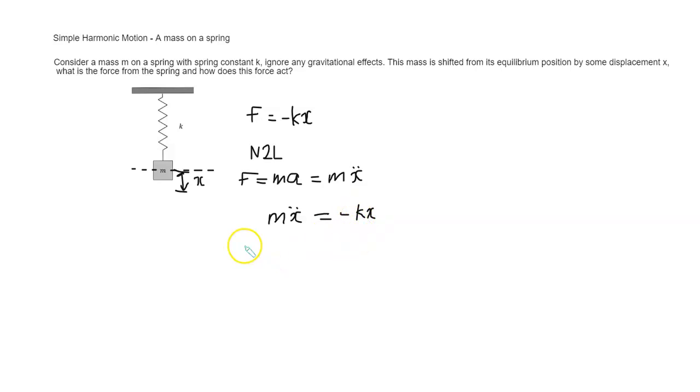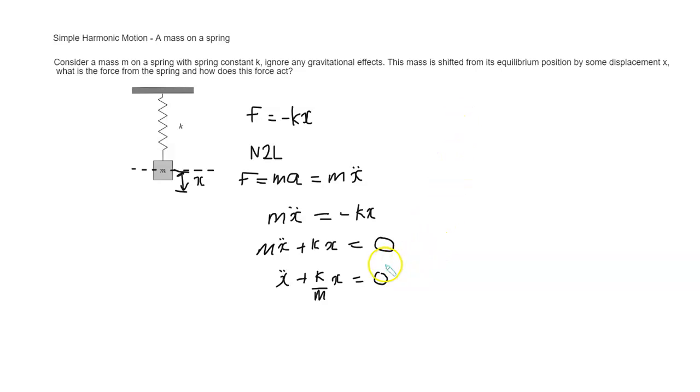Then we can bring the kx to the other side, such that we have mx double dot plus kx is equal to 0. Now this is not in its simplest form yet, so we divide through by m, and you have x double dot plus k over m x equal to 0.